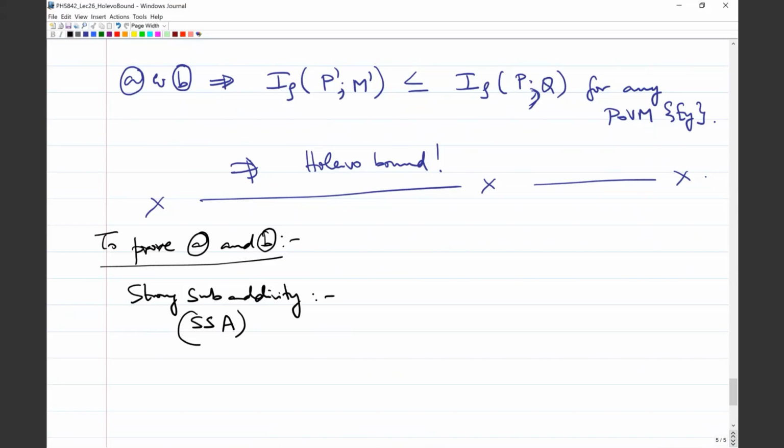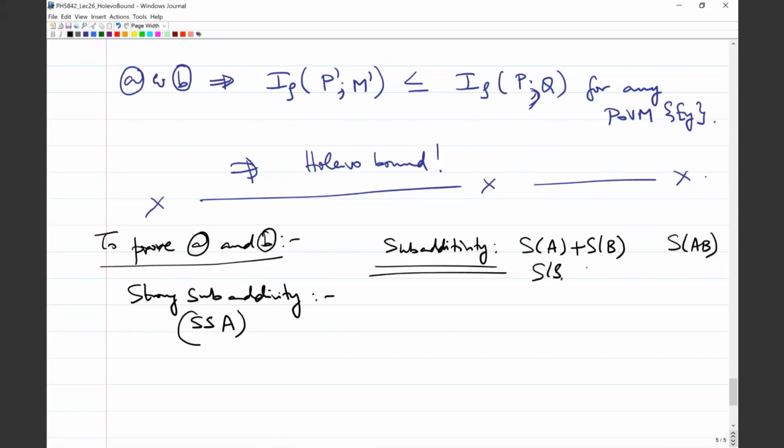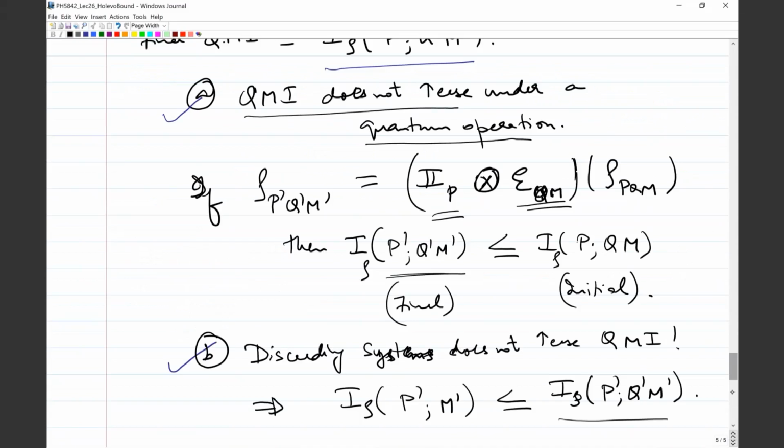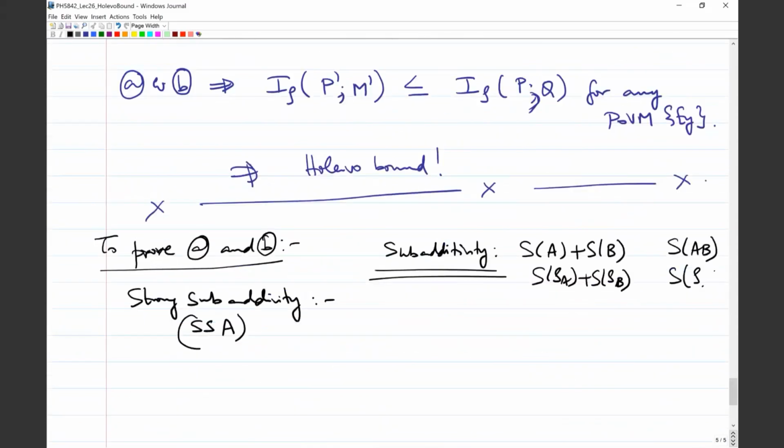So recall what basic subadditivity was. You were comparing S_A plus S_B and S_AB, right? If I had a bipartite system, then you're comparing the sum of the subsystem entropies and the joint entropy of that bipartite state. And which way does the inequality go?